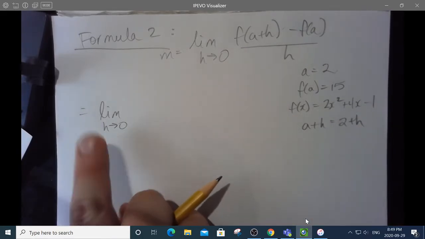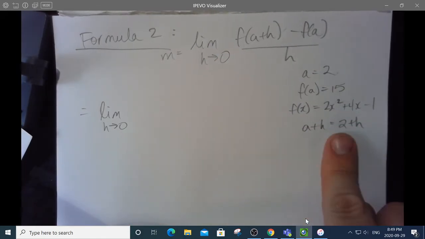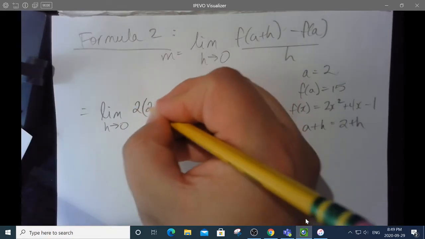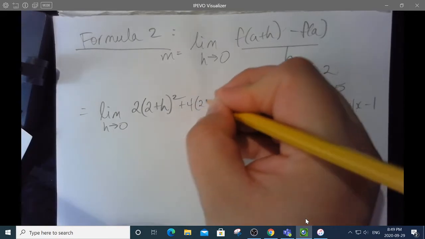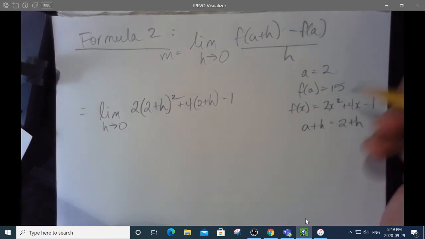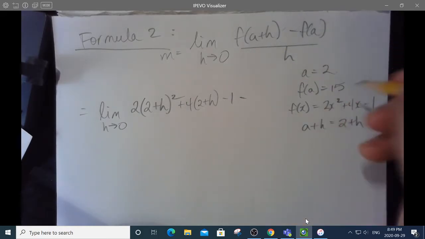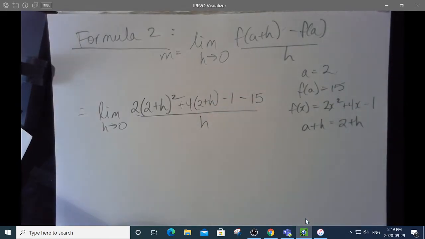So it's the limit as h approaches 0 of f of 2 plus h. So 2 plus h gets plugged into this formula. So that's 2 times (2 plus h) squared, plus 4 times (2 plus h), and then minus 1, minus f of a, which I already know is just 15, all over h.